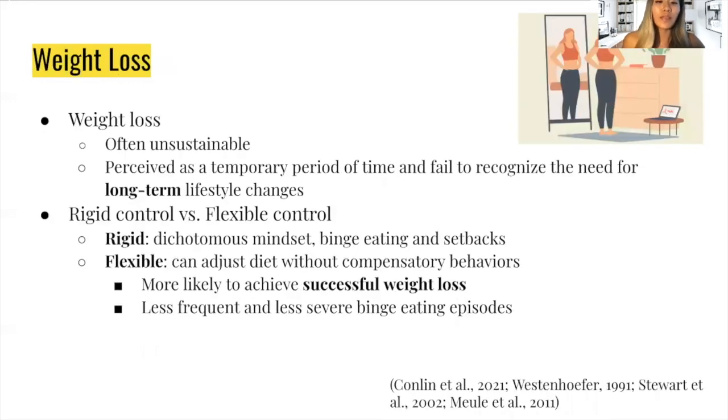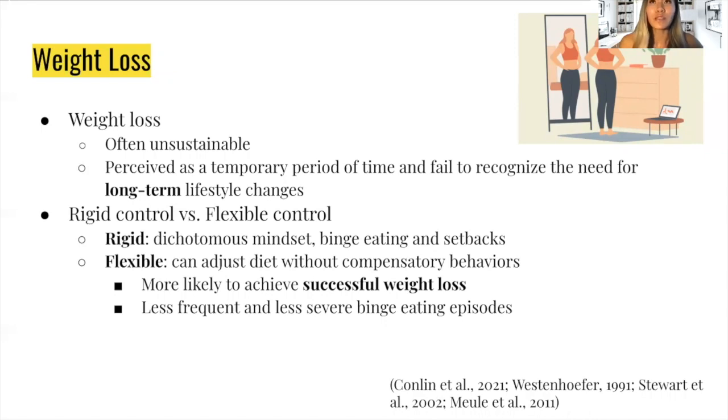But weight loss efforts are often unsuccessful because many people think of it as a short-term thing and they fail to recognize the need for making long-term lifestyle changes. According to Westenhoefer, the cognitive restraint needed for successful weight loss is classified into two categories: rigid control and flexible control.